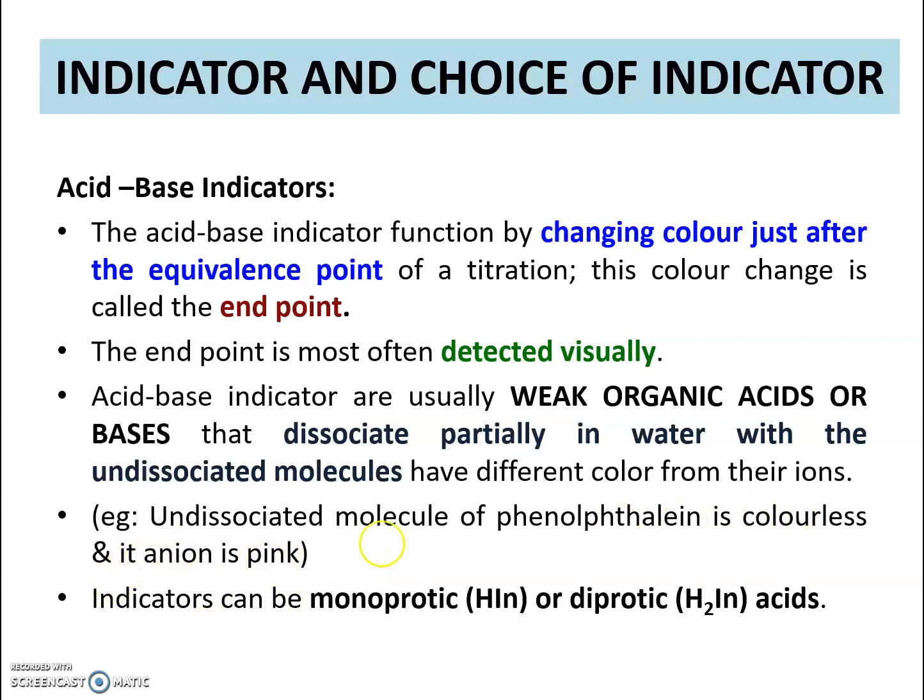So when the indicator dissociates to its ion, the color changes. By this color change, we know from observing the titration that it is the signal for the analyst to stop titrating, where we assume the reaction is complete.